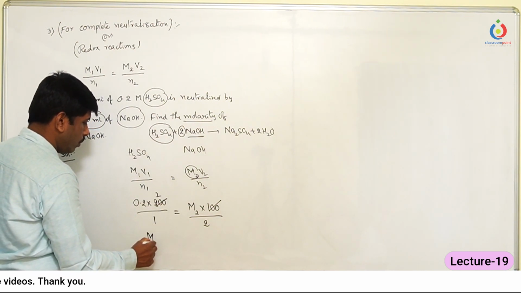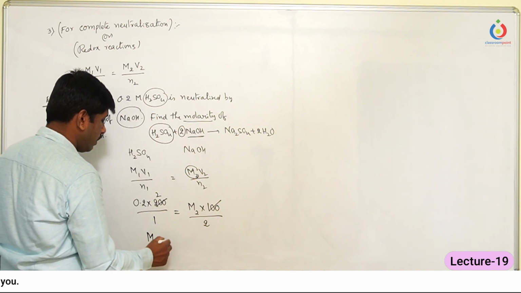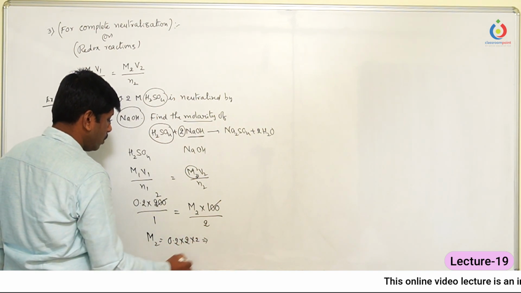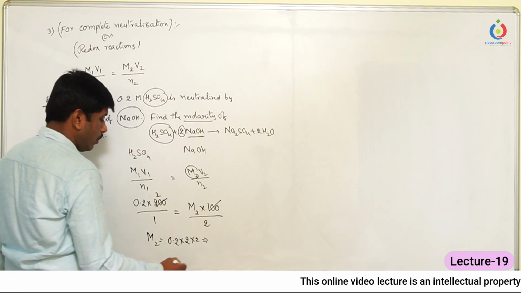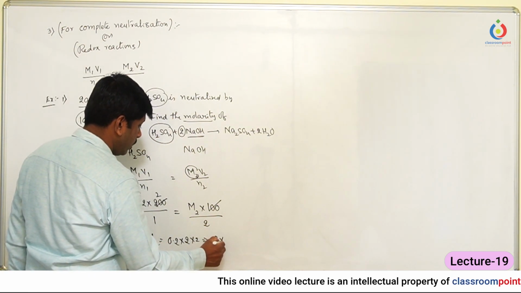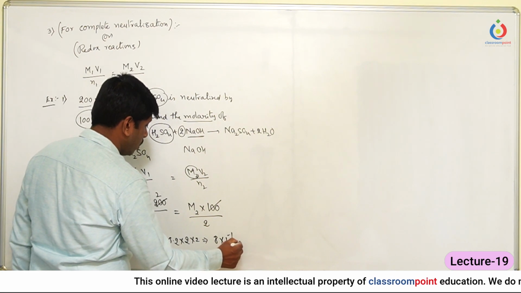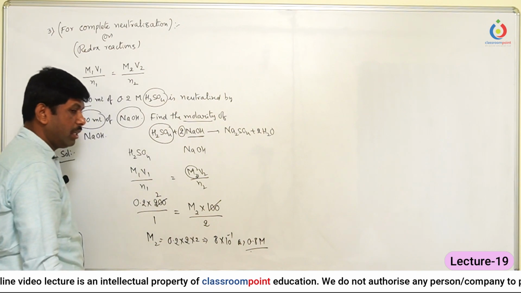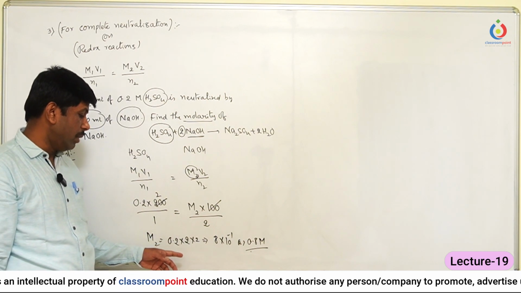Now M2 is equal to, just multiply this, 0.2 into 2 into 2. So this is equal to 4, 4 into 2, 8 into 10 power minus 1, or else 0.8 molarity of NaOH is required for the complete neutralization.